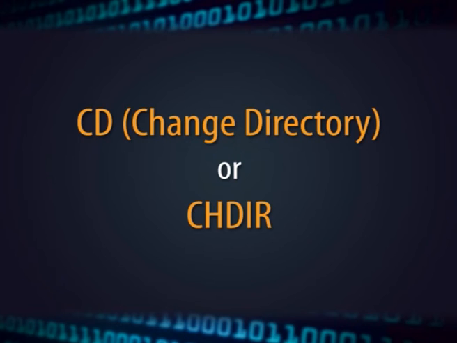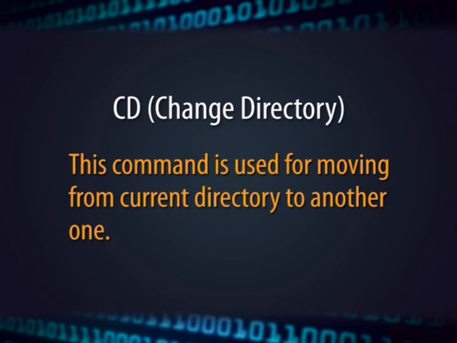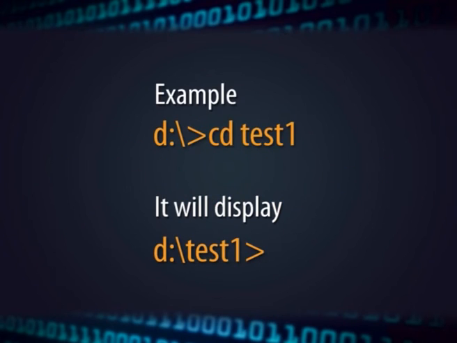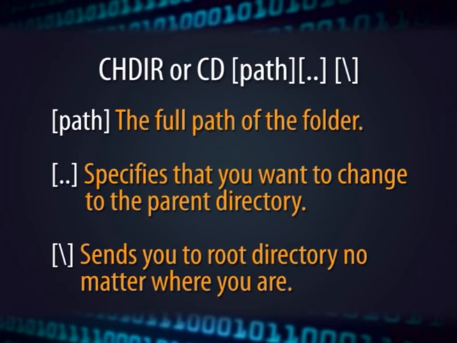Next is cd or chdir, that is change directory. It is a useful command for moving from the current directory to another one. For example, d:/ prompt, cd space test1 will display the d:/test1 prompt.